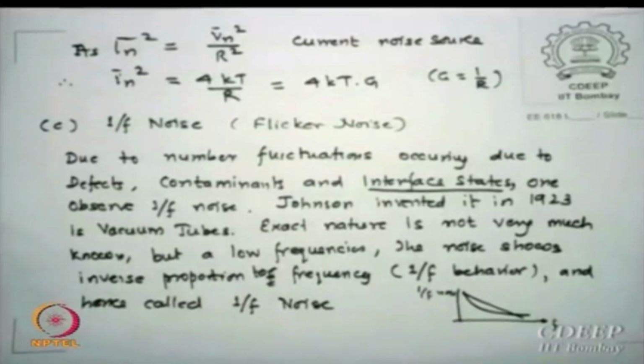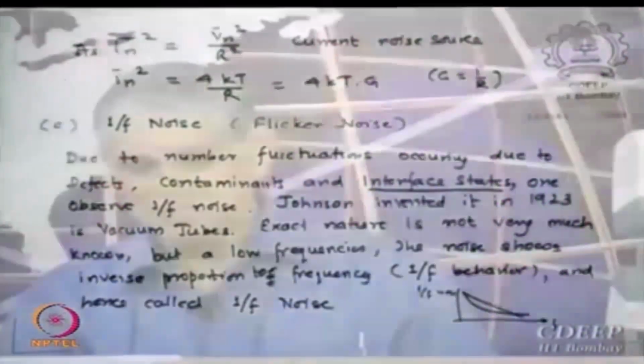So there is no reason to believe that it follows exactly 1 upon F noise linearly. The exponential is such that it also comes close to the linear side. So one does not know which is the real cause. Any fluctuation, there can be a mobility fluctuation, there can be a density fluctuation, the number of carriers may change. So any defect, contaminant or interface state can lead to 1 upon F noise.